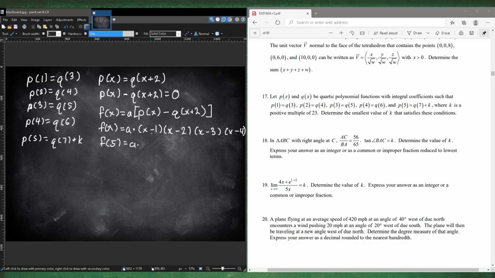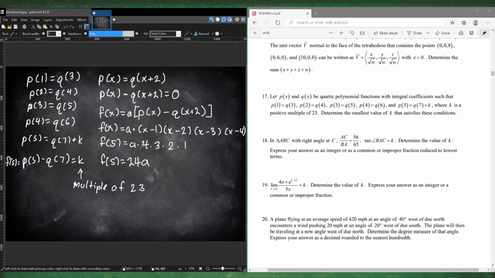That's a times 4 times 3 times 2 times 1, so f of 5 is 24a. So when we look at this question, P of 5 minus Q of 7 is basically what f of 5 is, and this value is also equal to our K, because that's how we've rewritten it. And K is a multiple of 23.